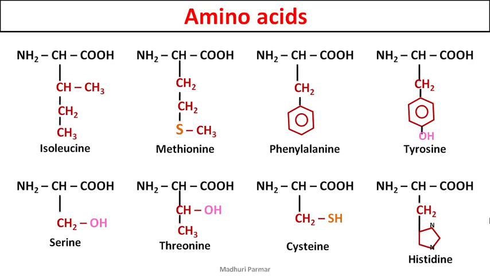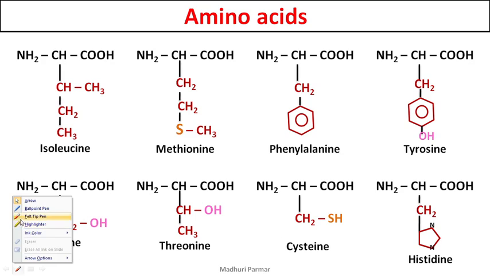Then you have the third aromatic amino acid, which is histidine. Histidine is again just like alanine, you have CH3, replace that hydrogen with this group. How I remember it is, you draw a pentagon. It looks like a house if you look at it from the side.